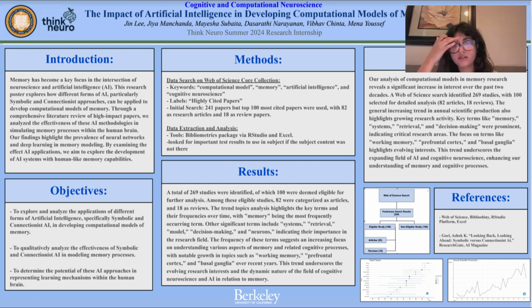Now, our objectives were three of the most common ones that you find in this debate between symbolic and connectionist AI. And so we first wanted to explore and analyze how the two different approaches are utilized to create a computational model of memory. Symbolic AI is used to deal with a high-level, more abstract, rule-governed system, and so this is what we see from the 50s through the 70s in the development of artificial intelligence.